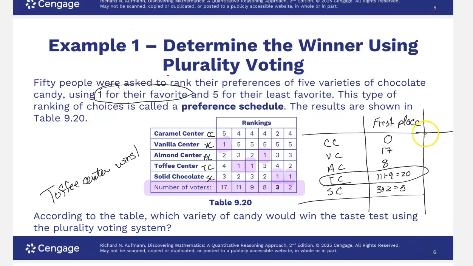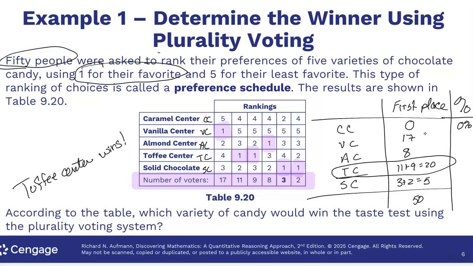So now let's turn those into percentages. So if we were to add everything up here, we would have a total of 50, and we know that because that's what they told us in the problem. So if I take 0 and I divide it by 50, 0% of my people who voted thought Caramel was the best. 17 divided by that 50 is 34%.